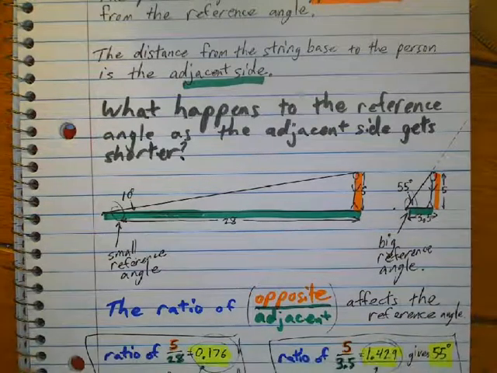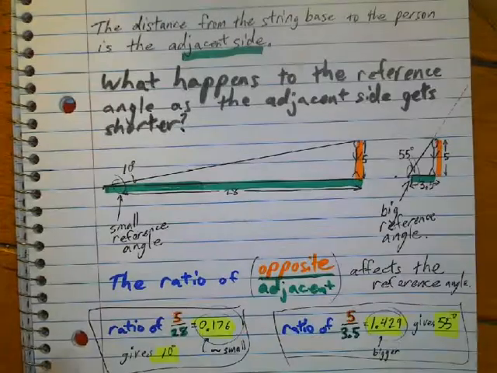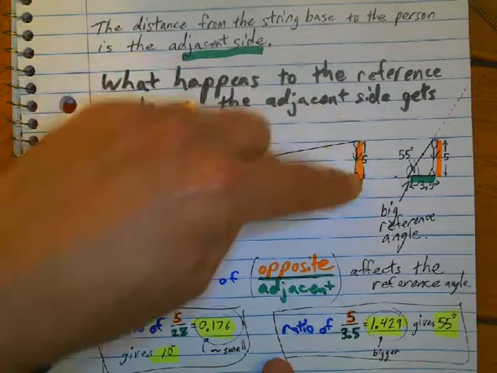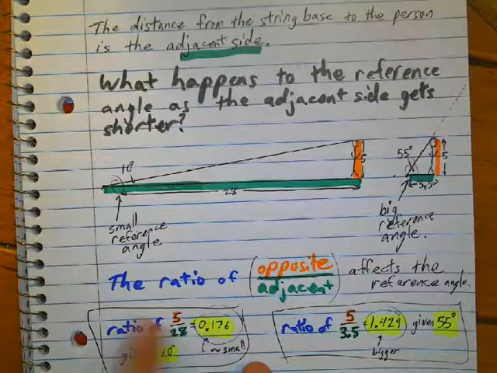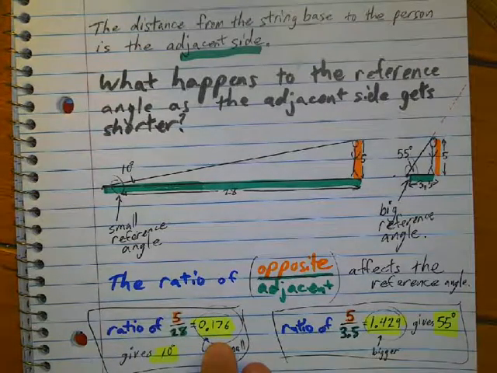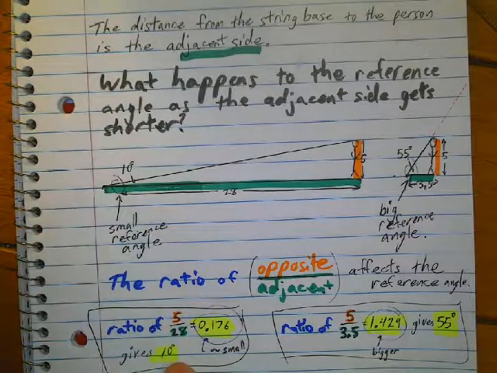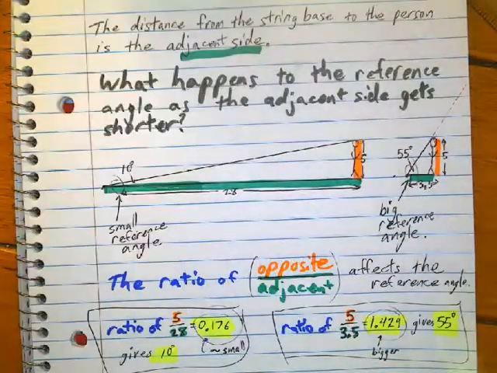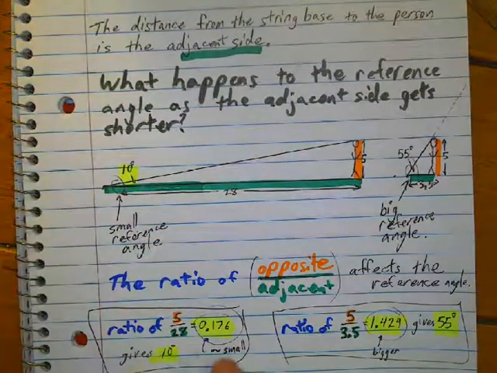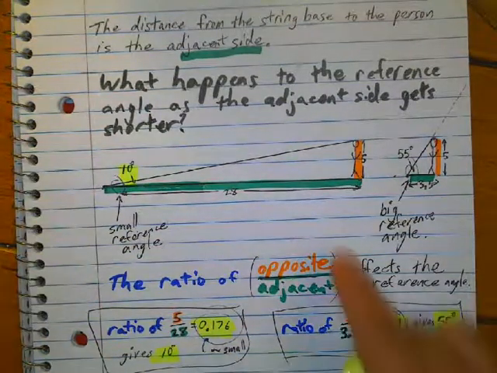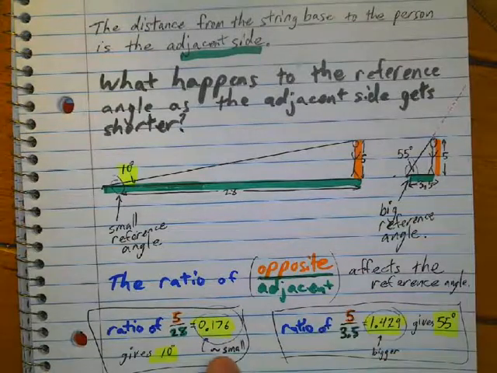Well, let's look at it here. If my opposite side is 5 and the adjacent side is 28, then I'm going to get 5 divided by 28, which gives me this decimal that's pretty small. So whenever you've got a small angle here, whenever you've got like 10 degrees, then the ratio of opposite and adjacent is going to be a small number.